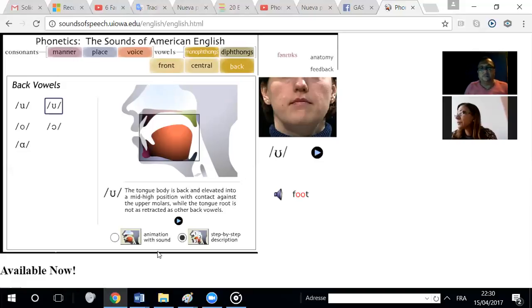Okay, it doesn't mean that the sound is going to be made with your tongue moving backward. Your tongue is going to be relaxed and the sound is going to be made in your throat.